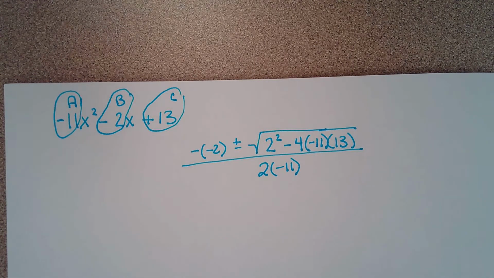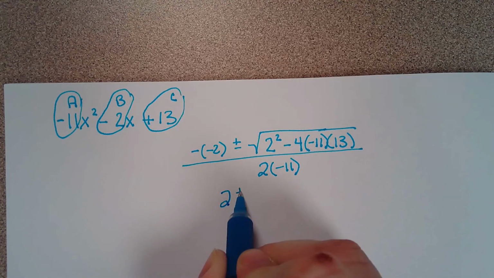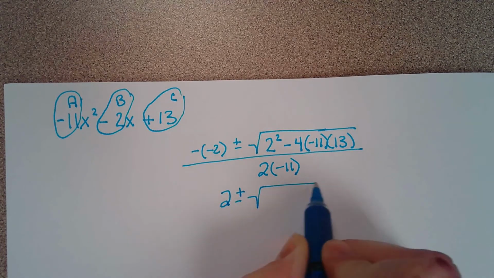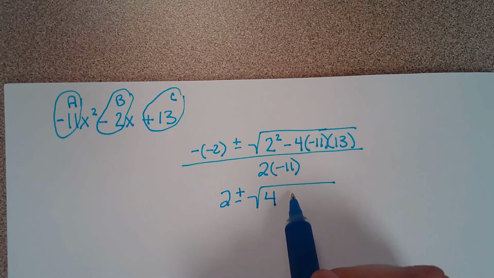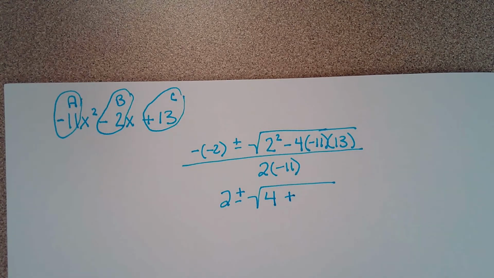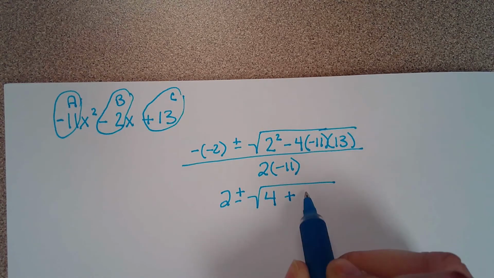So the first thing we're going to do is take care of that double negative. So it's 2 plus or minus the square root of 4. Now, if you notice here, a negative times a negative is going to become positive. So JP, will you multiply 4 times 11 times 13? 572.